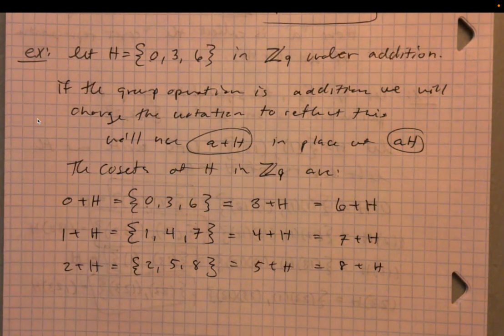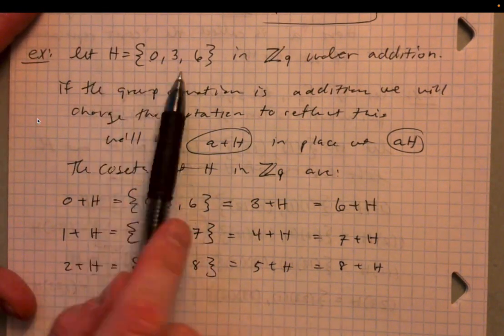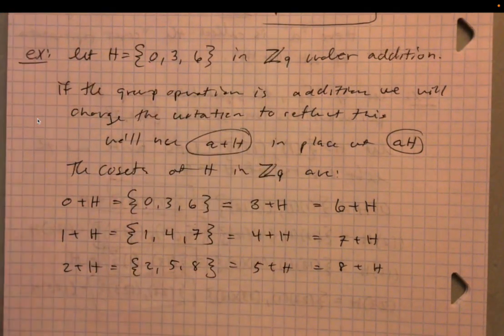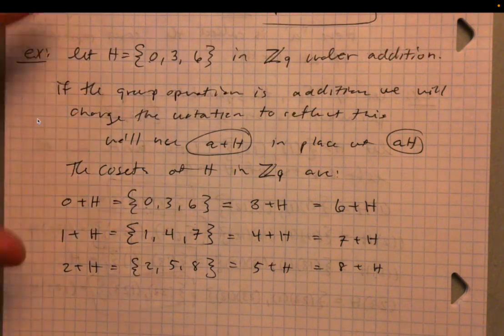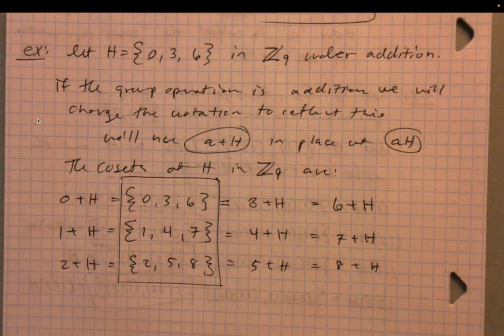So these are the left cosets of H, which in this case is 0, 3, 6, in Z9. These are all the left cosets of this particular subgroup.